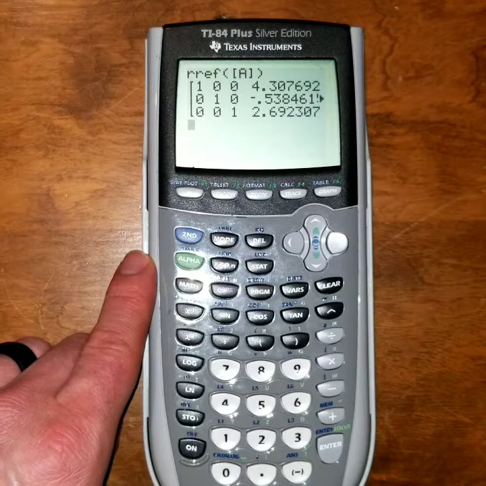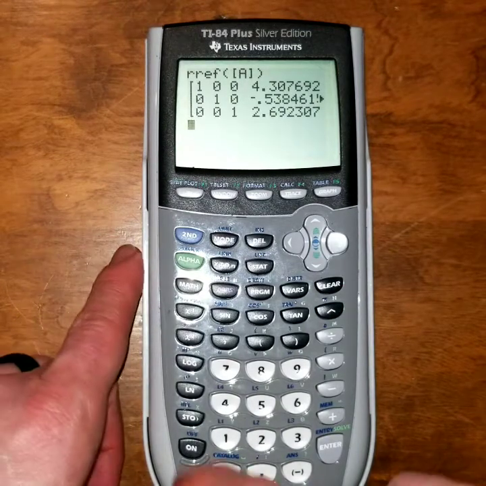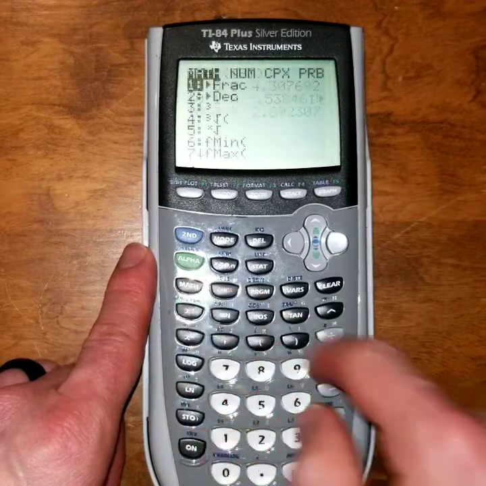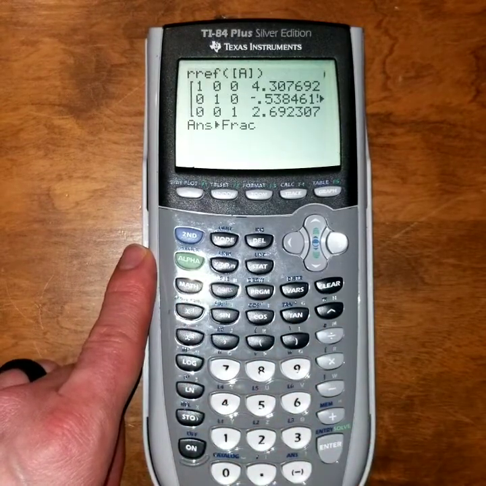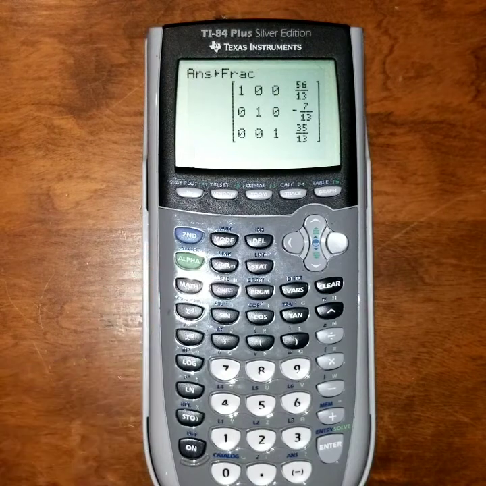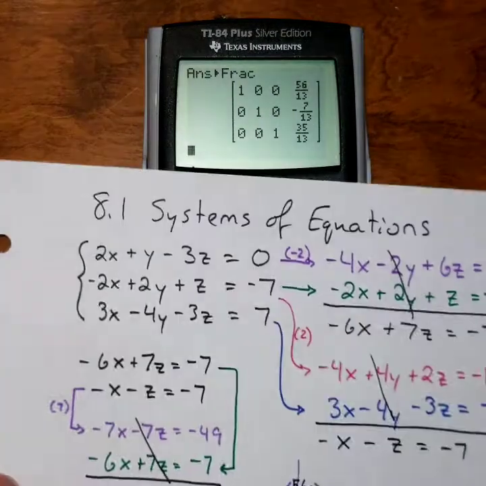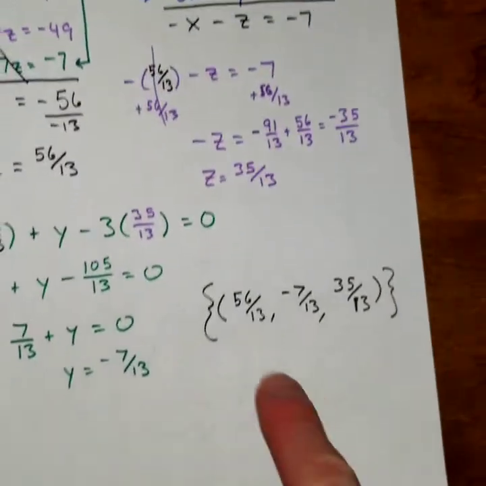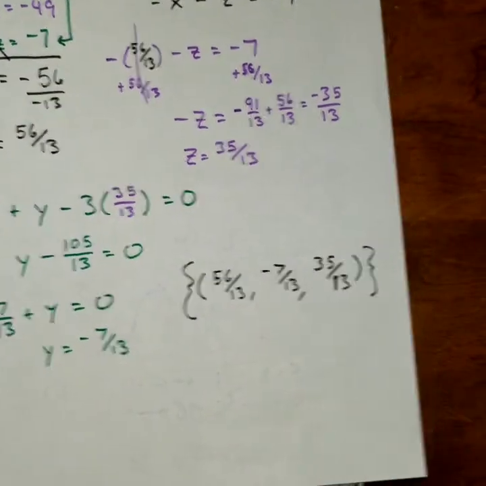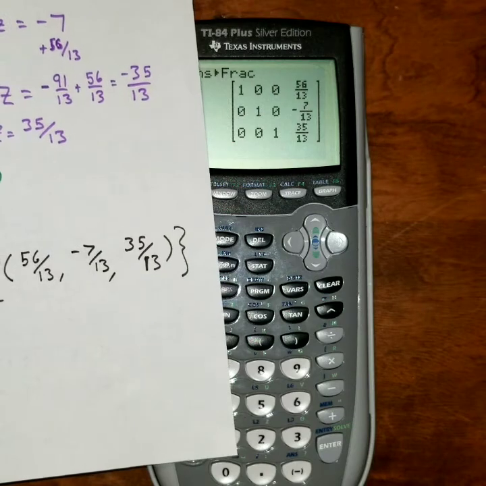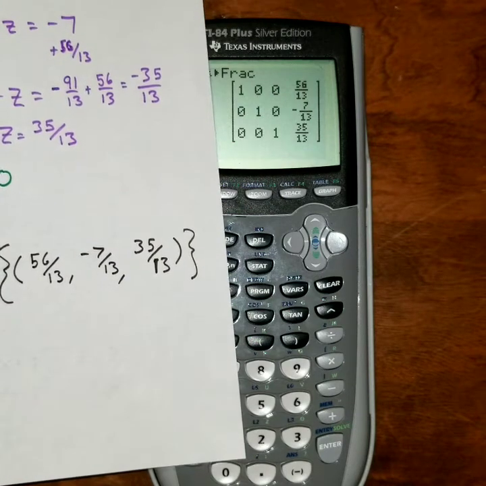Okay, now those are also decimals again. Hopefully it's the correct decimals this time. We'll find out when we hit math and then fraction, and that's more like it. Okay, those are the numbers that we should have gotten the first time around. There they are. Right, 56 over 13, -7 over 13, 35 over 13.